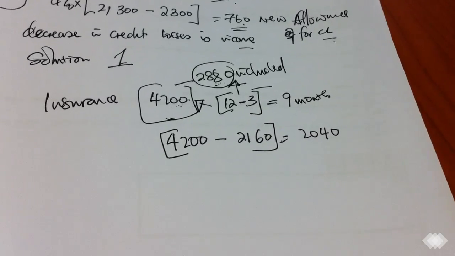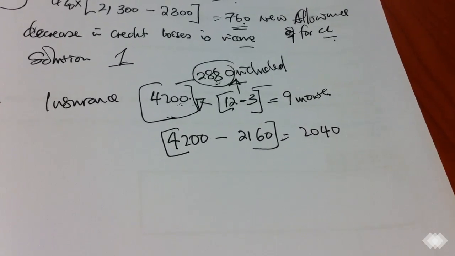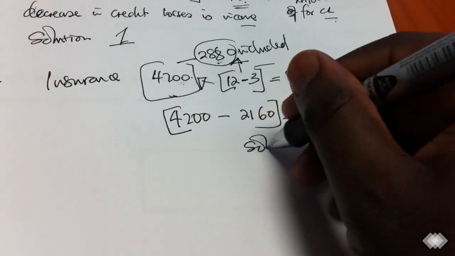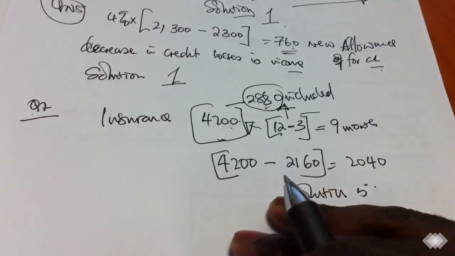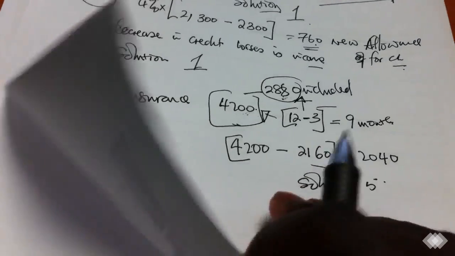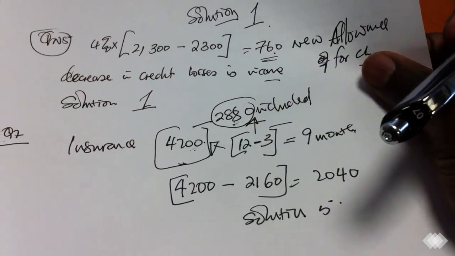Do we have that? 2040, yeah, which is solution 5. Let me proceed. I think you saw it, right? Yeah, I think so. With solution 5, proceed to question number 8.